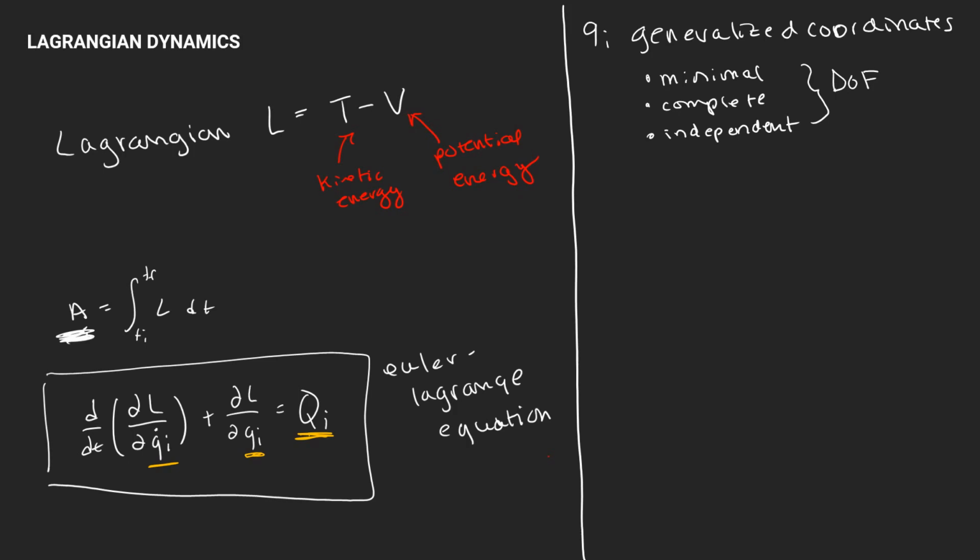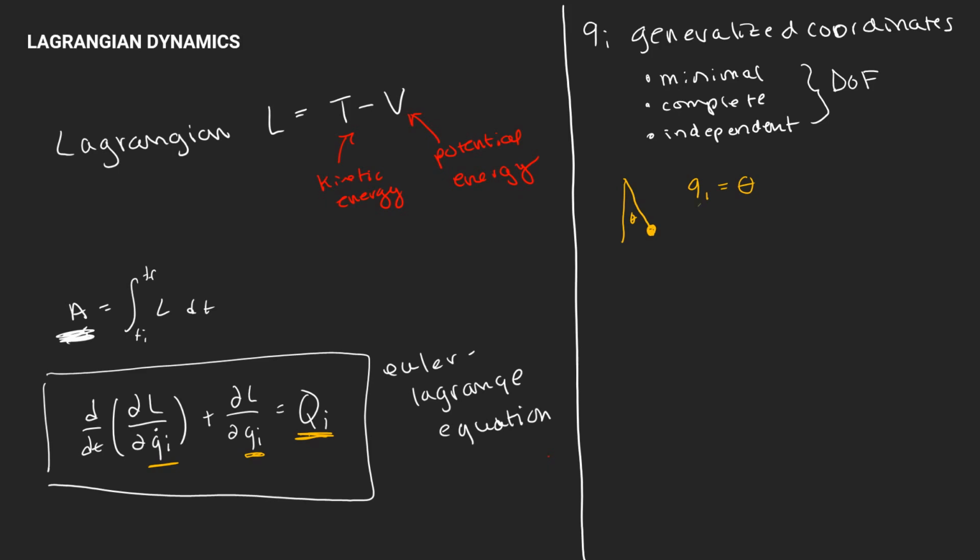When we have, say, a particle, so our pendulum here, and we use a theta to describe the angle of this pendulum, we can use that as our generalized coordinate. Because we have 1 degree of freedom, we can write q sub 1 is equal to theta. It's independent, but there's only 1. This is the minimal number, 1 degree of freedom, and it's complete. If you know that theta, you know where the particle is.